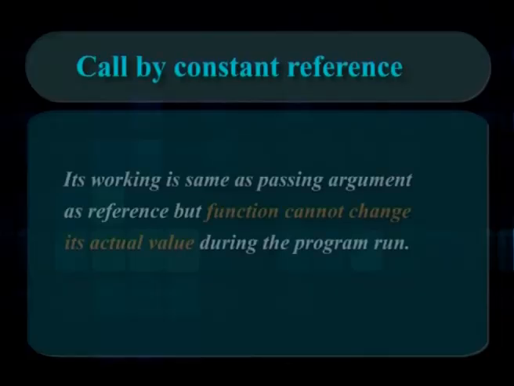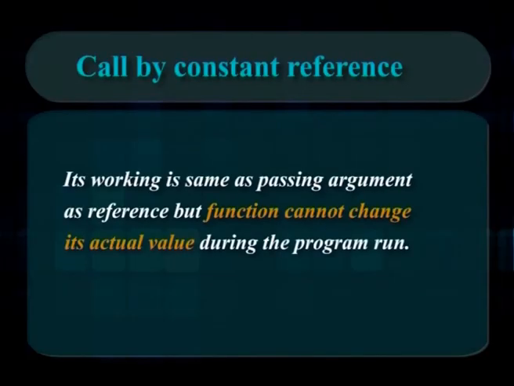There is a third way to pass an argument: as constant reference. Its working is the same as passing an argument by reference, but the function cannot change its actual value during the program run. Thus, arguments passed are read only. It is mostly used when array or object arguments are passed.